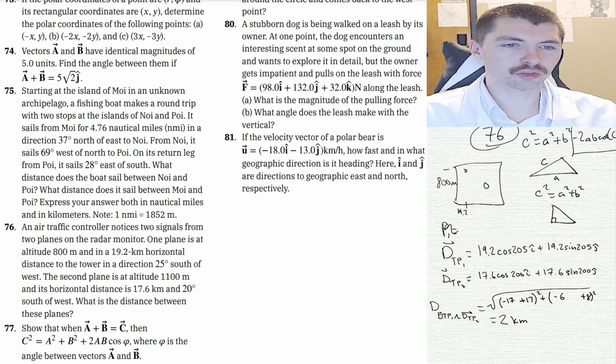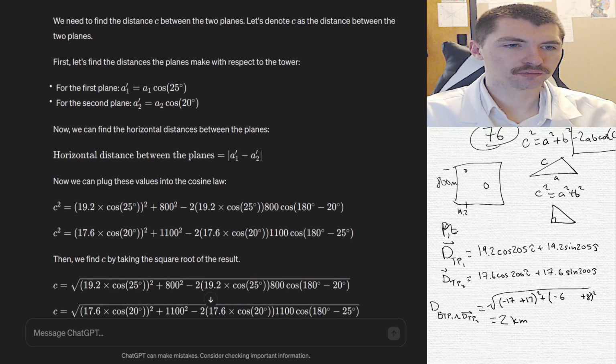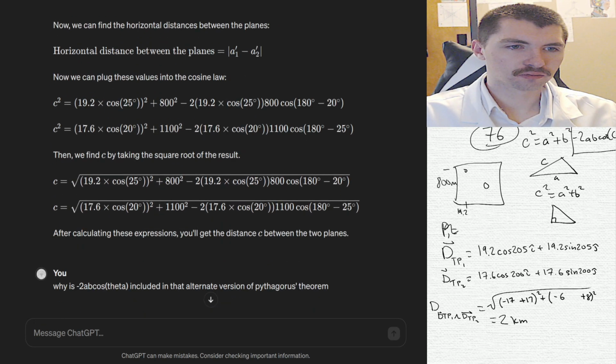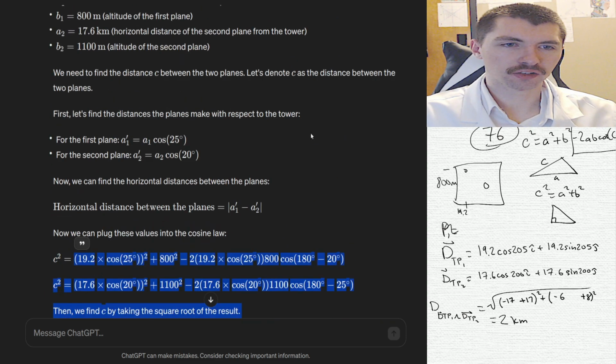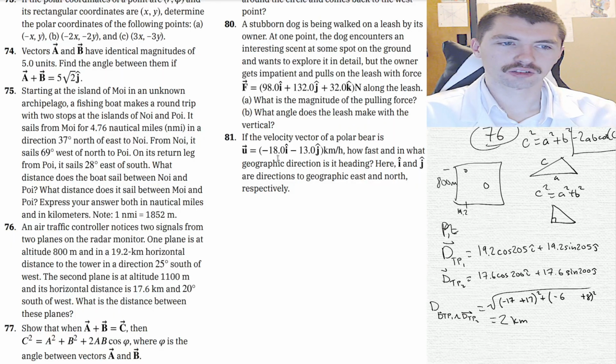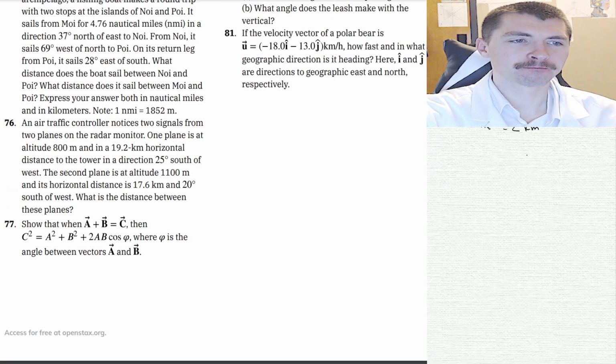Okay. 2 kilometers. I'm not even considering any of this. 2 kilometers. If we're wrong, we're wrong. Let's move on.